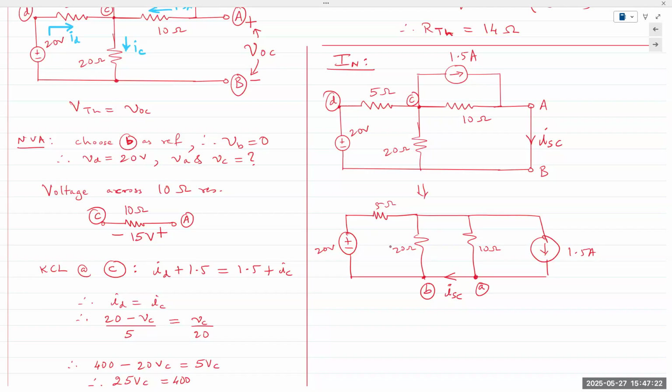And because it's in parallel, the circuit looks like this. We can reduce that parallel combination to one single resistance. If we reduce it to one single resistance, we are left with only 2 meshes. And in that mesh, we know the answer to one of the mesh currents.